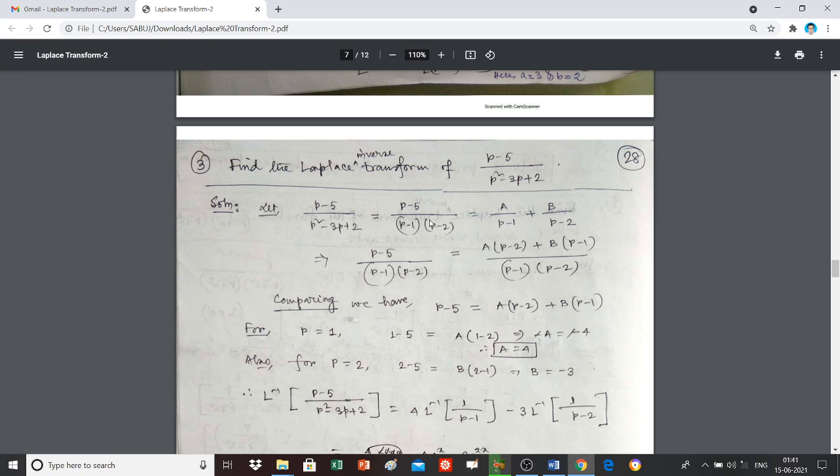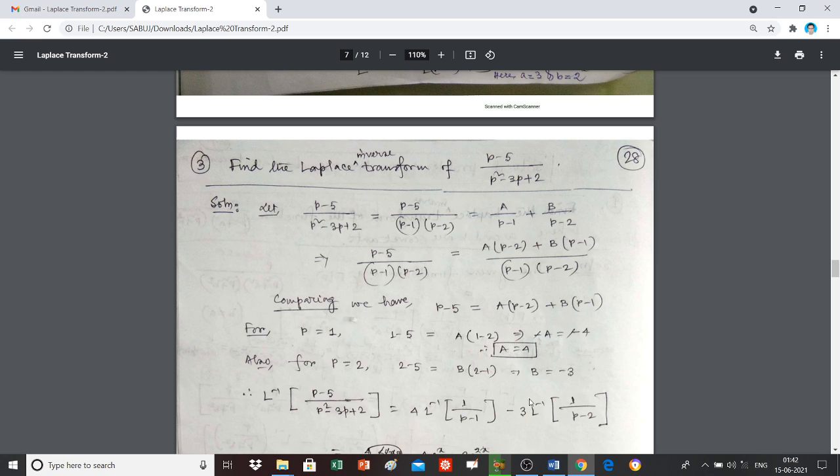So (p−5)/((p−1)(p−2)) is equal to 4/(p−1) minus 3/(p−2). So the inverse Laplace transform of (p−5)/(p²−3p+2) is equal to the inverse Laplace transform of 4 times 1/(p−1), since A is equal to 4, and then minus 3 times L inverse of 1/(p−2), since B is minus 3.